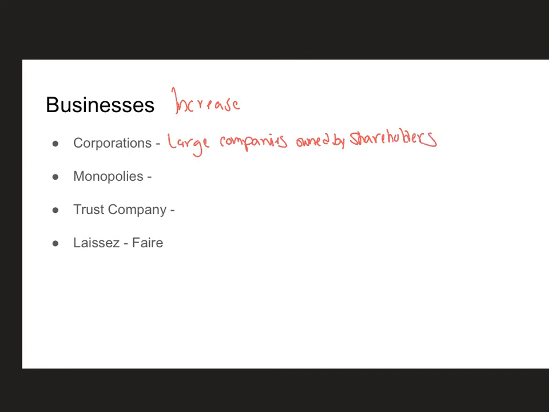Monopolies are when we see companies have little or no competition. And what that means, they can charge whatever they want.